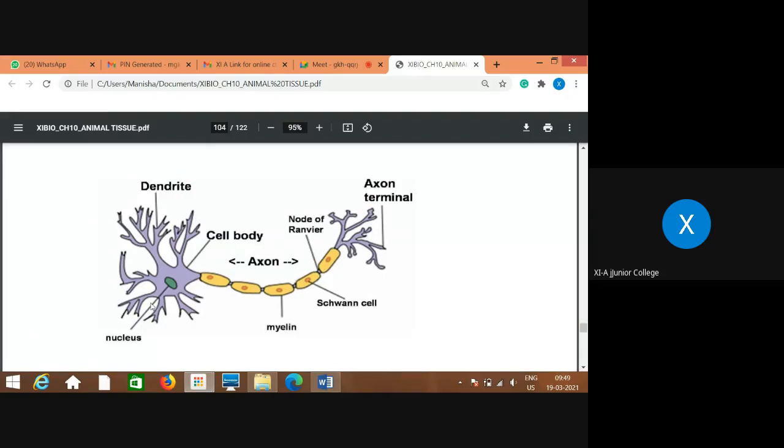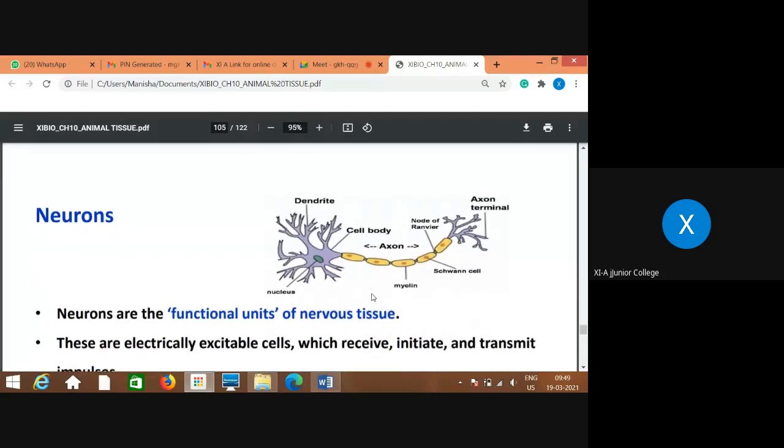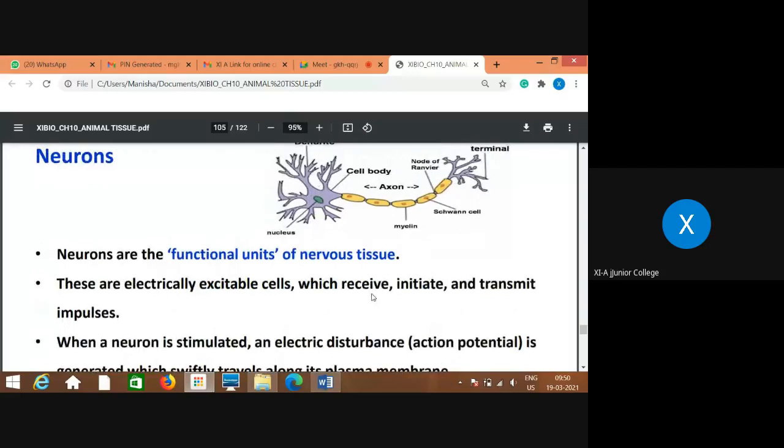So this is what about the structure of neurons. Neurons are the functional units of nervous tissue. These are electrically excitable cells which receive, initiate, and transmit impulses.